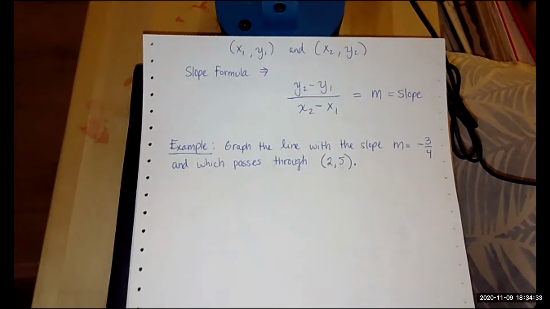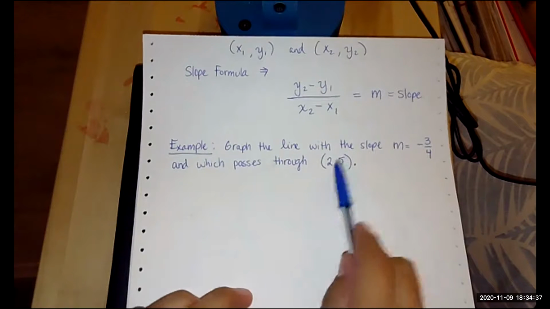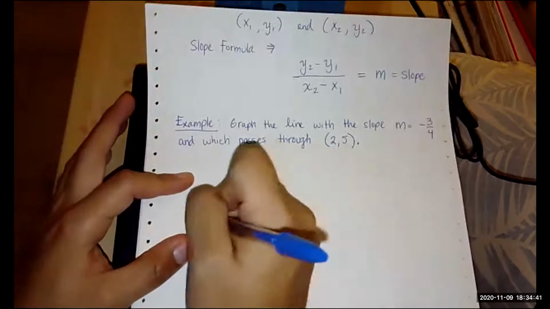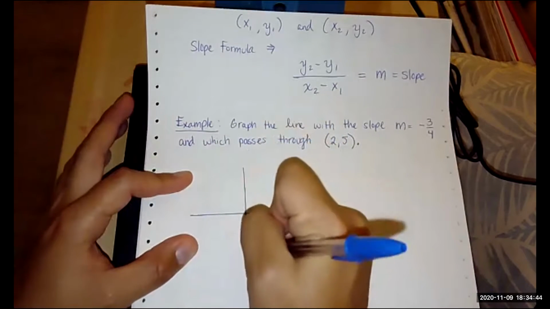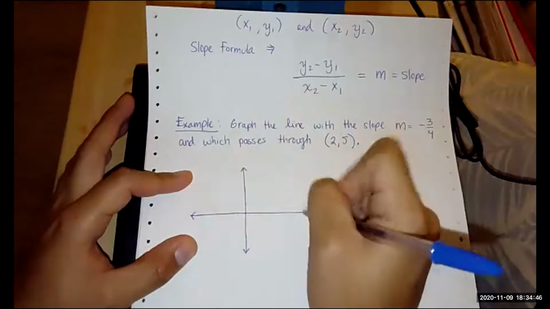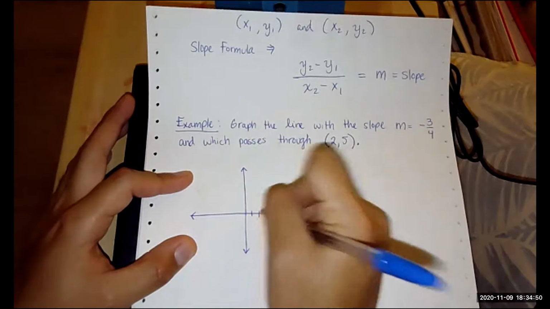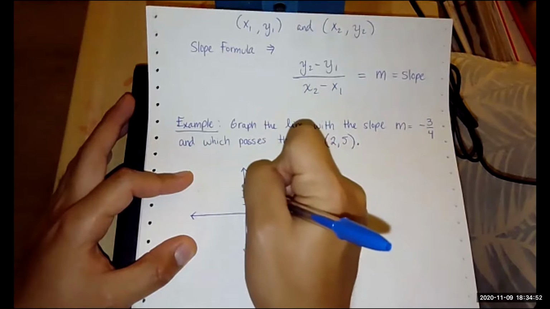Okay, so if we look at this graph, we can plot the first point. We can go ahead and draw our Cartesian coordinate plane, and they've given us the point to plot, which is (2, 5). So I'm going to go over 1, 2, and then up 1, 2, 3, 4, 5.